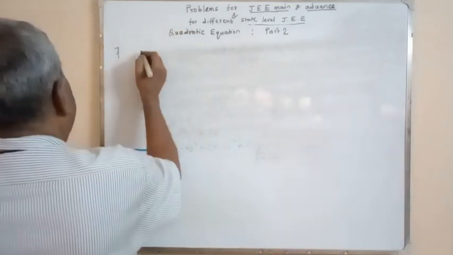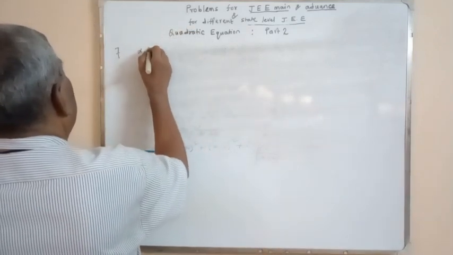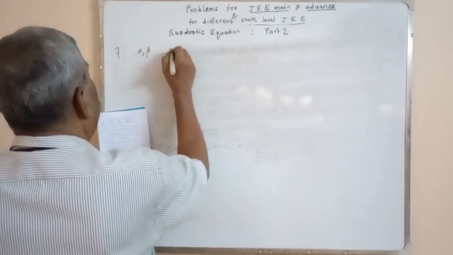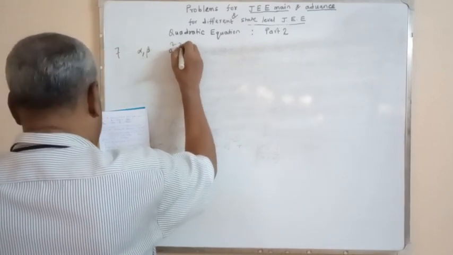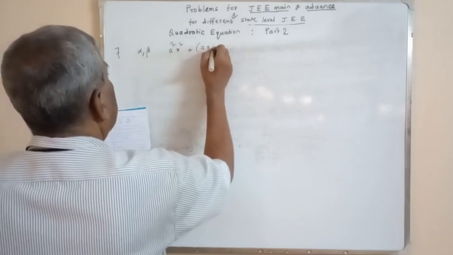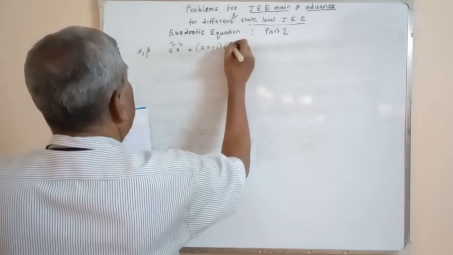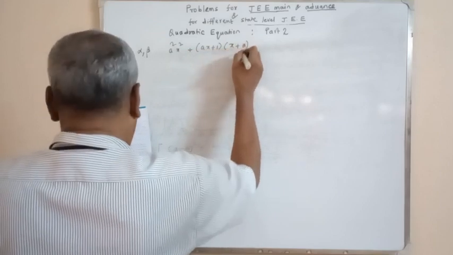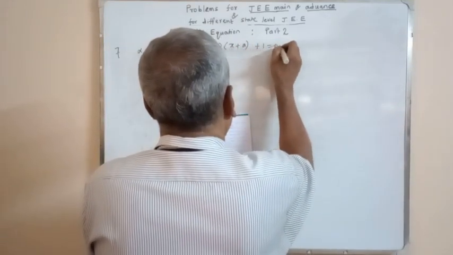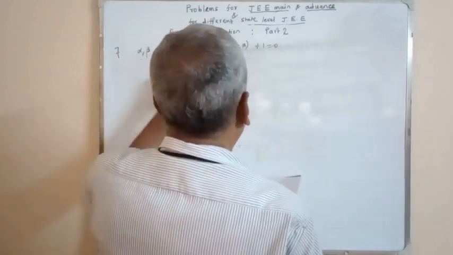If alpha beta are roots of (a square x square plus ax plus 1) into (x plus a plus 1) is equal to 0. So alpha beta are roots of that.